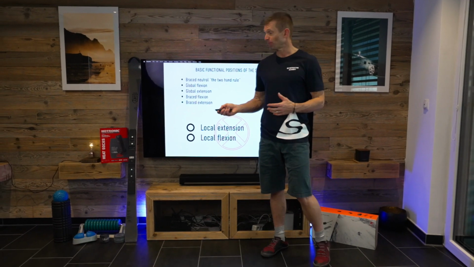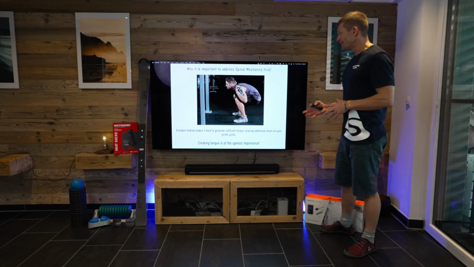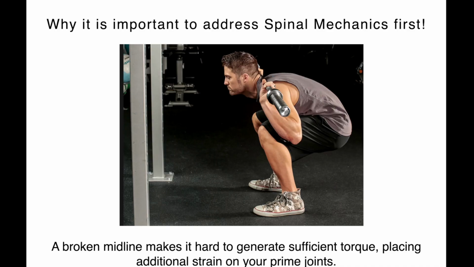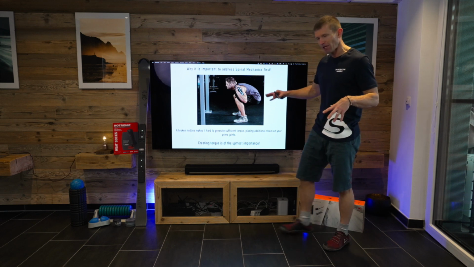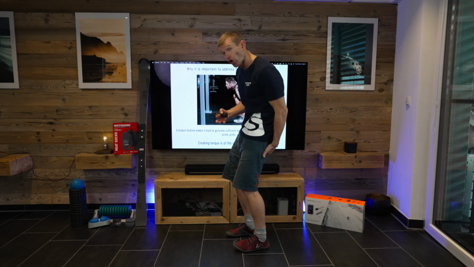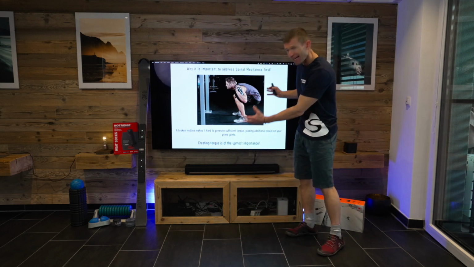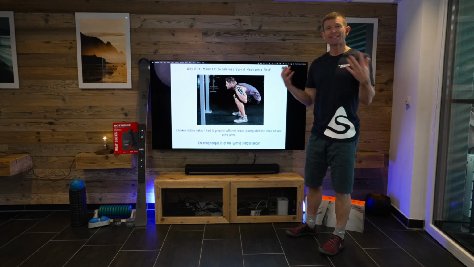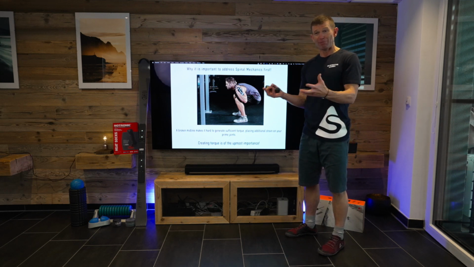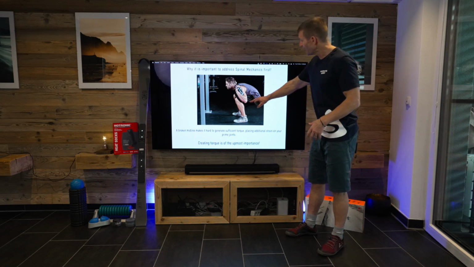It's just not possible. So yes, we do want to avoid severe rounding and avoiding butt wink, which is an important part as well when we talk about this, because if somebody has a tendency to tuck under, like this guy has, what's happening here is the hamstrings have basically gone slack. They've lost their ability for the stretch reflex reaction here to be powerful and strong.